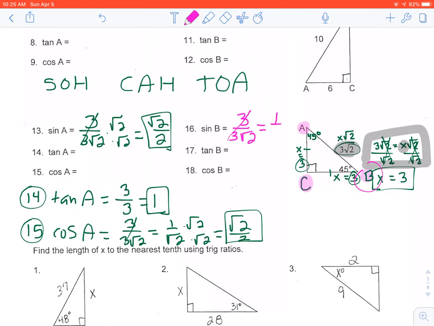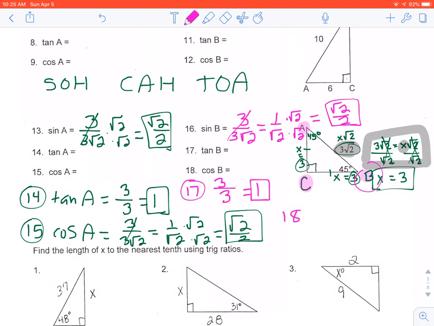Those 3's cancel, so you have 1 over square root 2, and just like we did in the others, rationalize your denominator, so you have square root 2 over 2 for 16. 17, you have tangent of B. Tangent of B is opposite, which is 3, over adjacent, which is 3. So that reduces to 1.